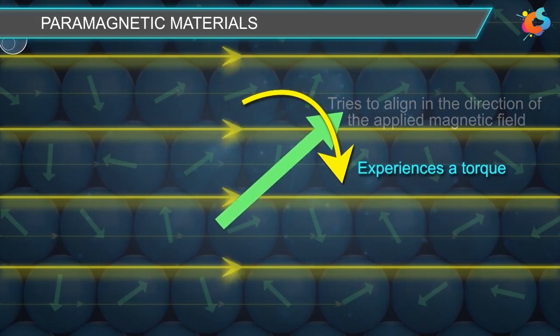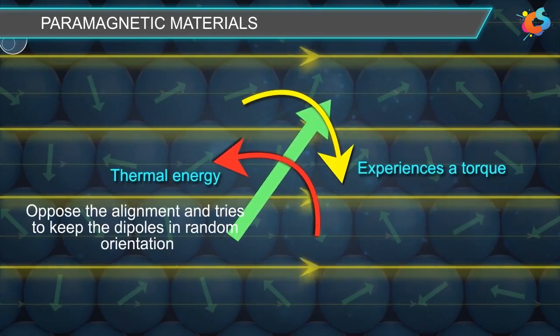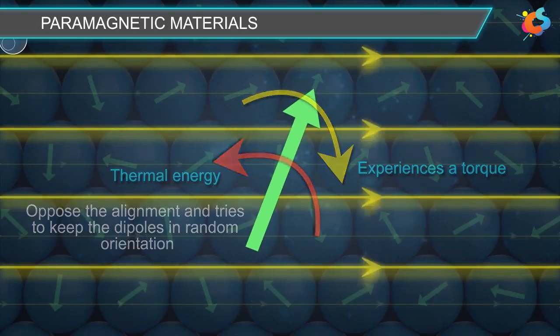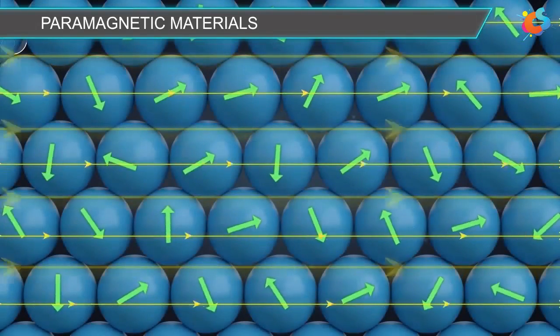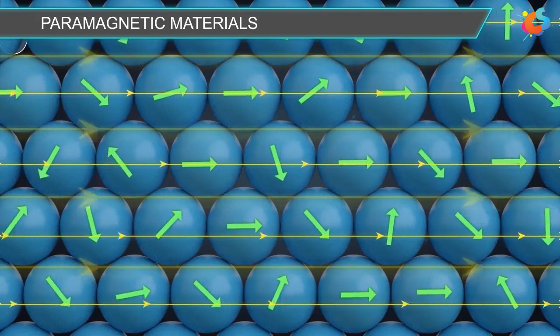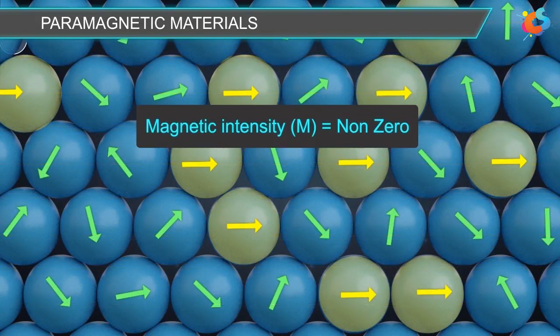At the same time, the thermal energy of the material opposes the alignment and tries to keep the dipoles in random orientation. Due to the opposing factors, only a small number of dipoles align in the direction of the magnetic field and the magnetization intensity of that material will become non-zero.